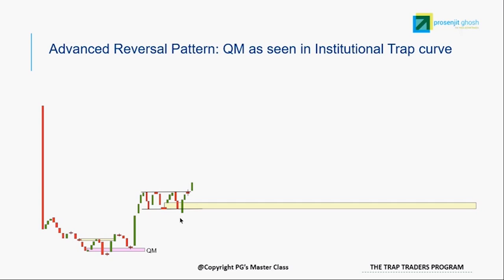Okay, this is acceptable in QM. A fake out is acceptable, right? For a demand QM, the fake out is acceptable on the lower low, but not the higher high.